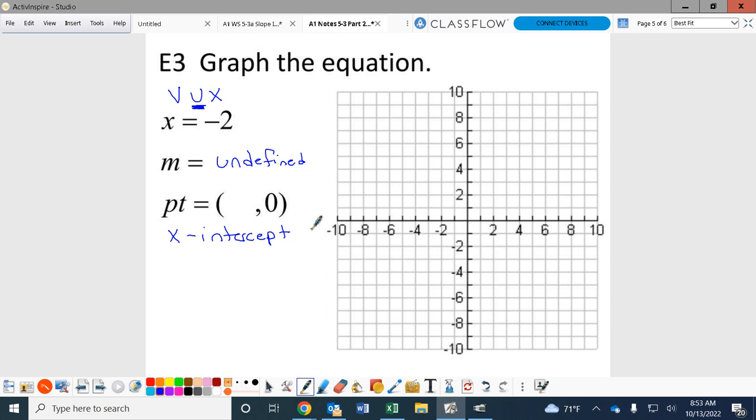So instead of being 0 and a number, it's going to be a number then 0. Guys, what's the number going to be? -2. How do I know it's -2? Because right here it tells me that x is always going to be -2. Guys, you're going to go on the x-axis to -2. That's the point, -2, 0.